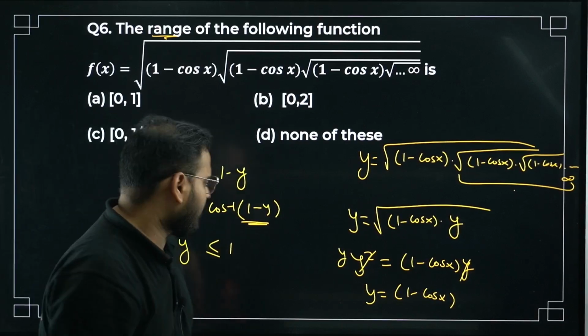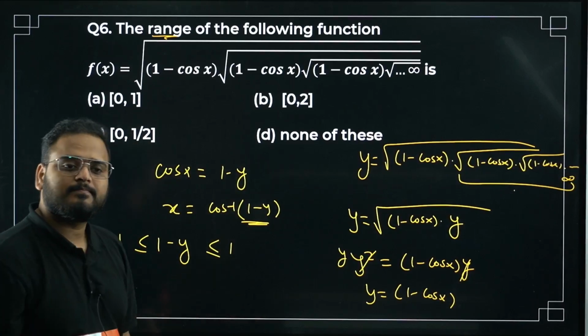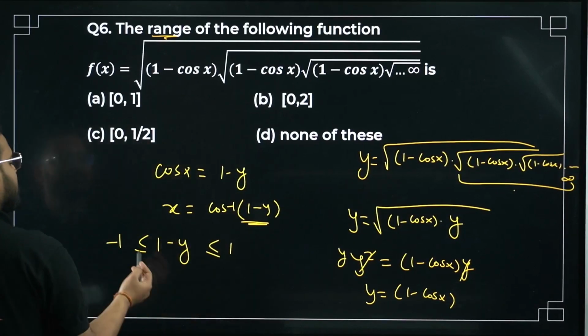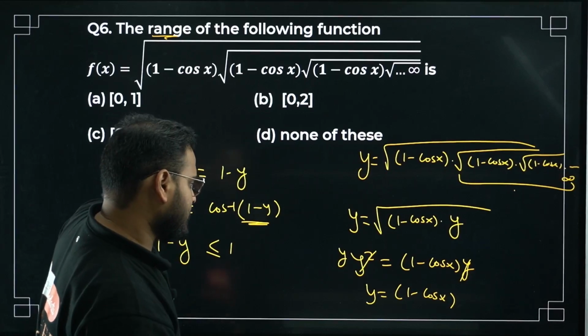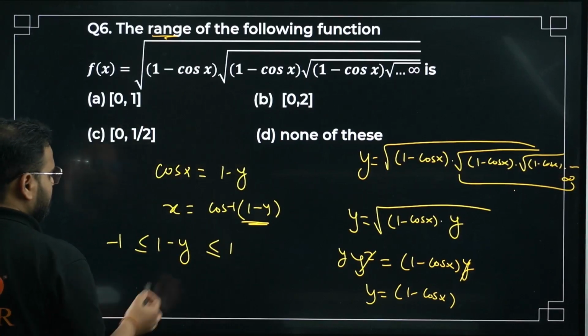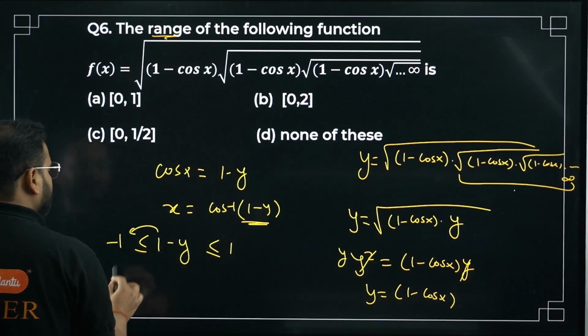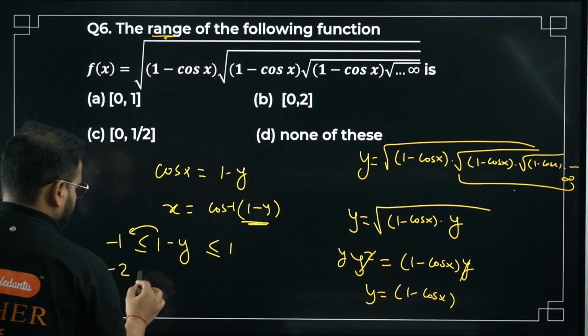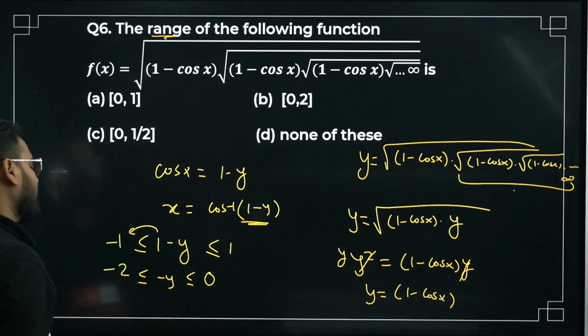How come, sir? The domain of cos inverse is minus 1 to 1, correct? Do one thing, bring this 1 minus y over here, right? So I can write this as, if I bring it on this side, it'll become minus 2 minus y, and if you take this off, it'll become 0, right?